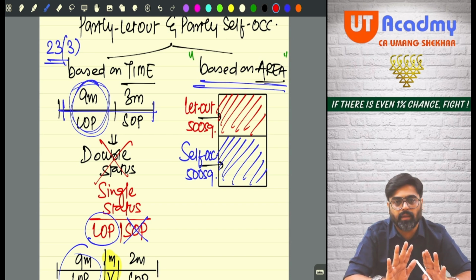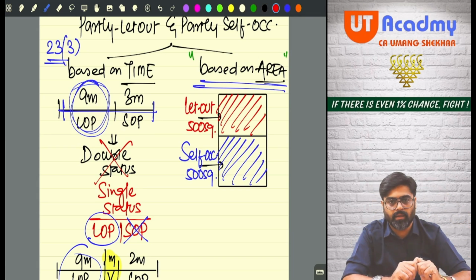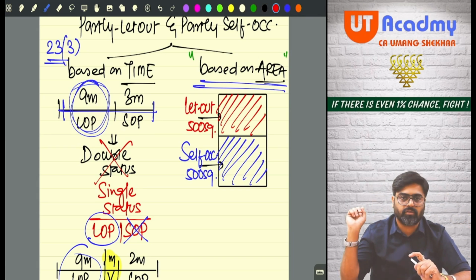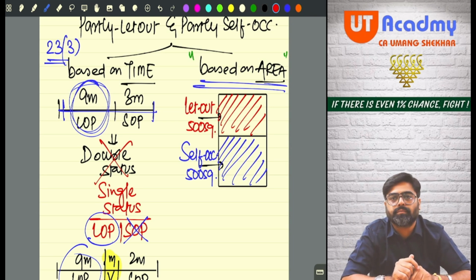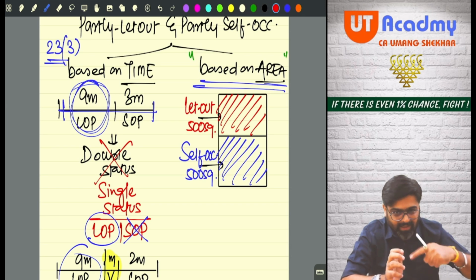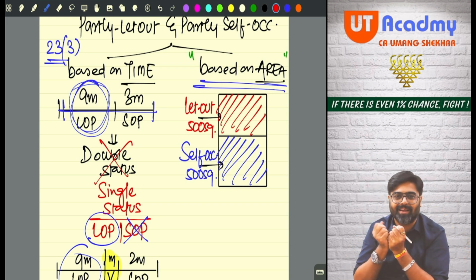Now tell me, if the annual value of this entire house is calculated and the government is saying pay tax on the entire annual value, will you like it? Why? Because the entire property's annual value you are not earning in the form of rent.